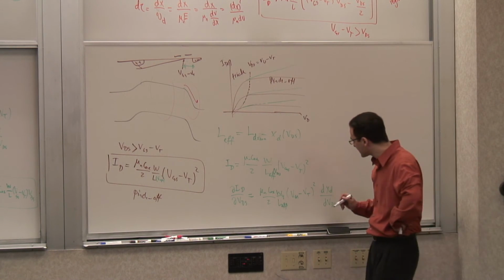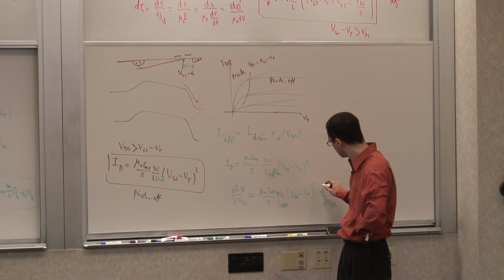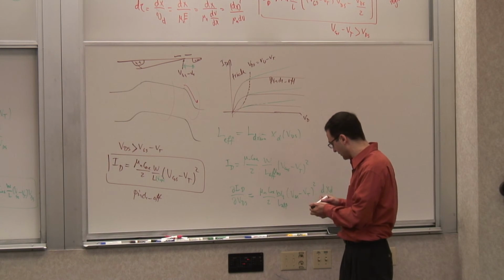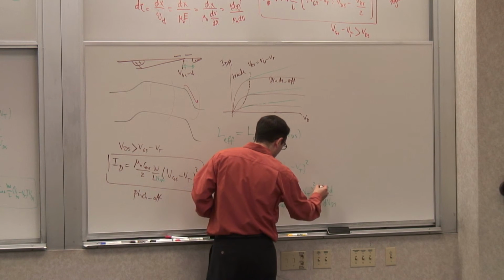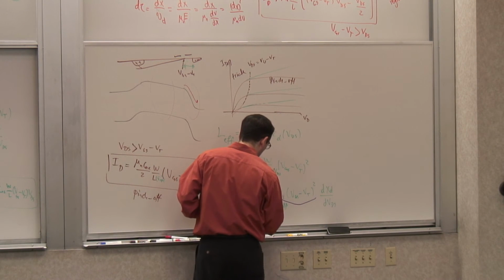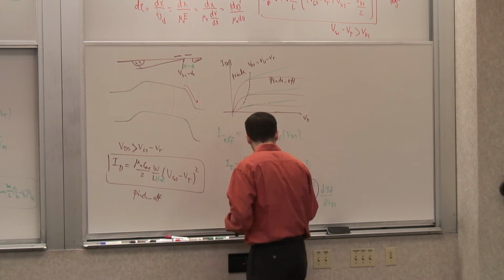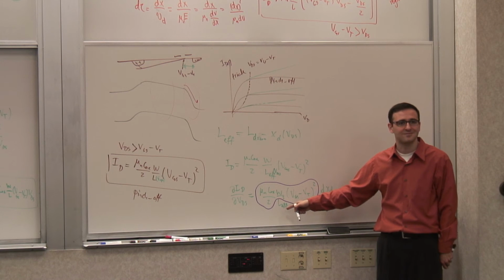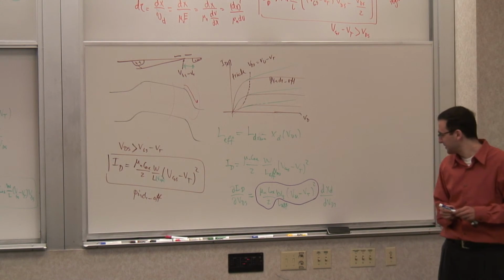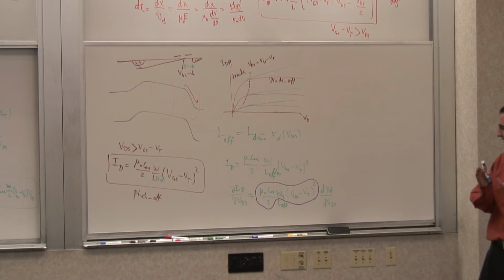So what is this? Let me just use a different color. What is this? I captured this square, so I captured one of the L's. So it's like writing it as L effective times L effective, and I captured one.